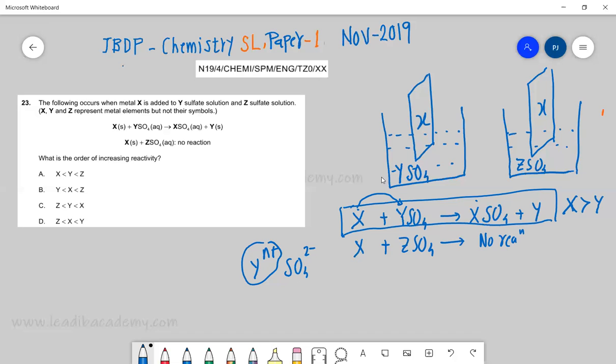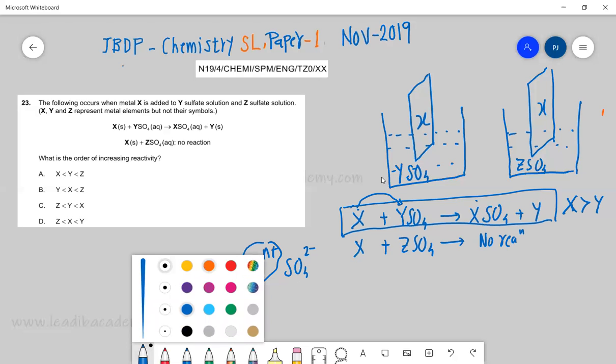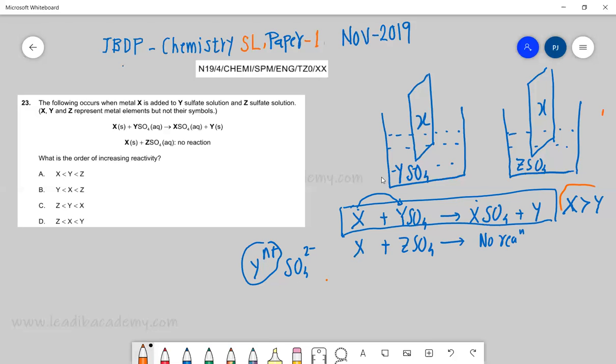So this conclusion should be very clear and simple: whenever any element displaces the other element from the solution, the element which displaces is more reactive. In this case, X has displaced Y from its solution, that means X is more reactive. Simple. Now coming to this, what could be the conclusion? X could not displace zinc sulfate, Z sulfate.